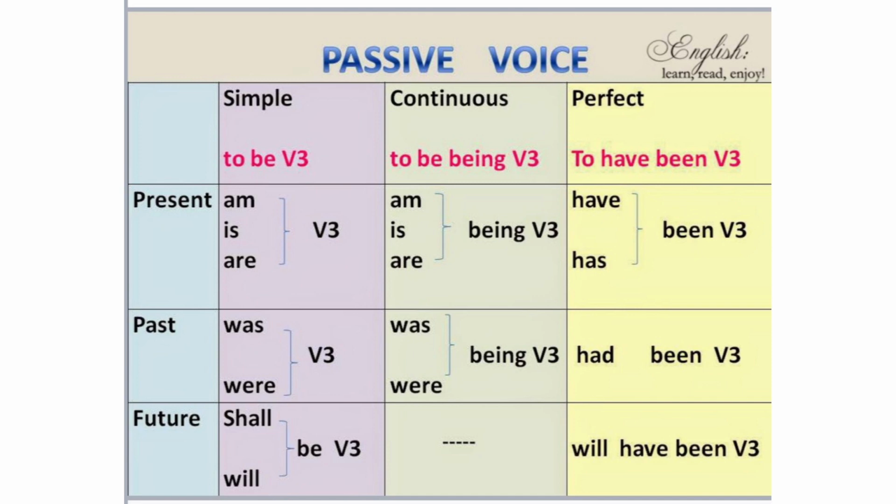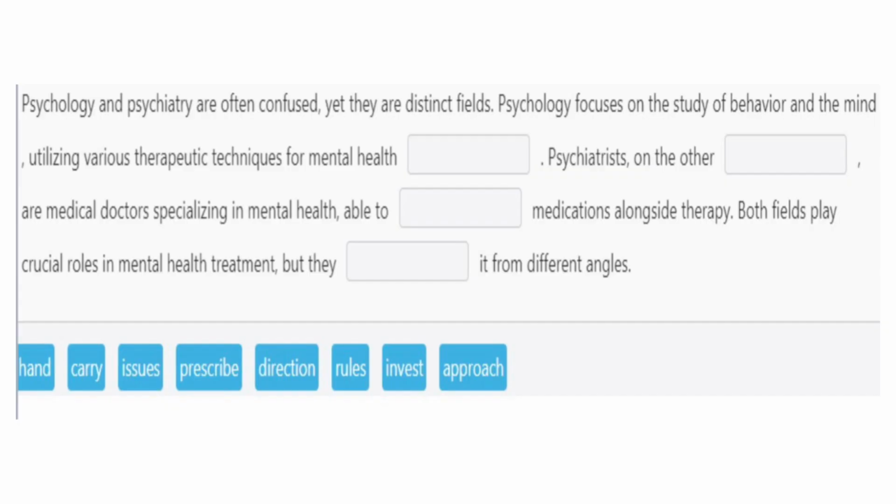I have simplified it as much as I could so that it becomes easy for you to understand. So probably you can take a screenshot of the image so that we can quickly see. In passive voice, these are all passive voices. You need to keep in mind that in passive voice, you always use V3, that is the ed form of the verb or the third form of the verb, right? Okay.